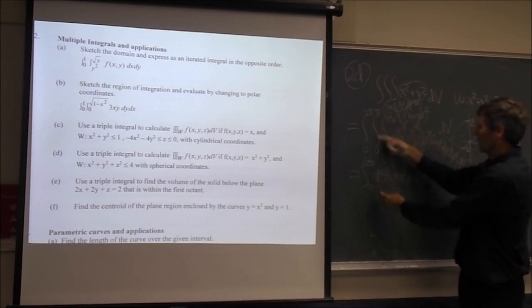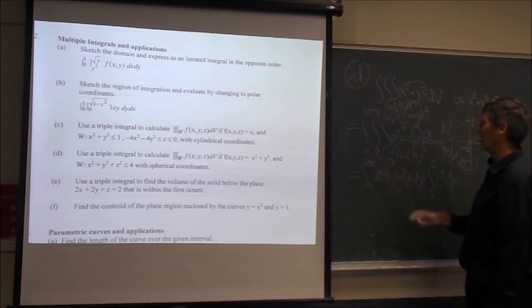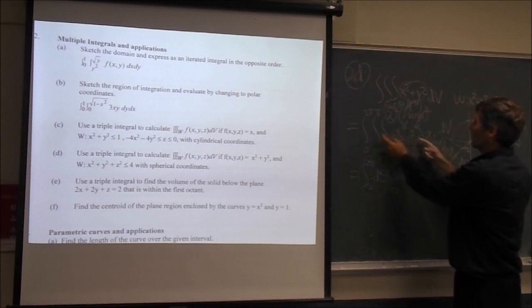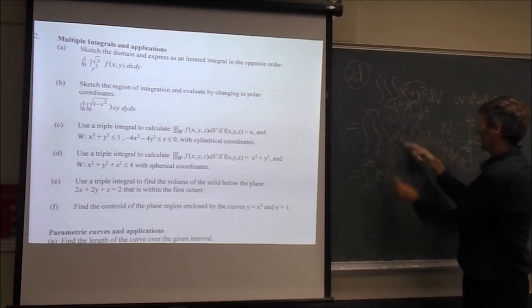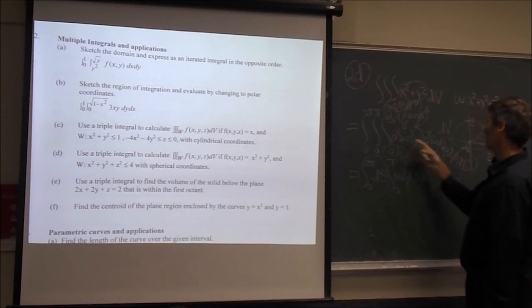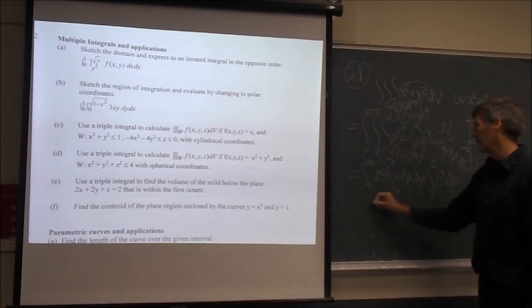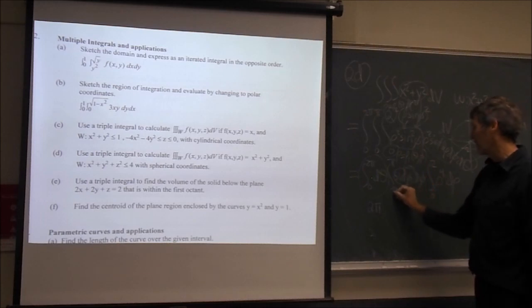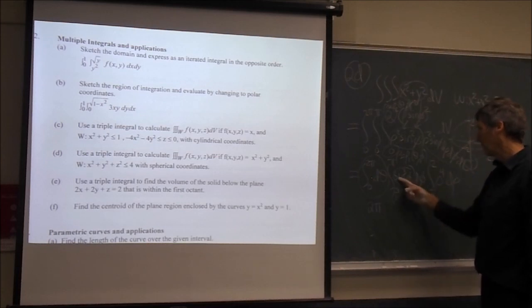We just pull the d theta right through and take the integral from 0 to 2 pi d theta. Similarly, we can slide the sine cubed phi out of the first integral, take the d phi through, and write this as the integral of sine cubed phi d phi. And then that leaves the integral of rho to the fourth d rho. These are each easy integrals, right? This one's 2 pi. This one can be evaluated by rewriting it as 1 minus cosine squared times sine, since 1 minus cosine squared is sine squared, so this is sine cubed.